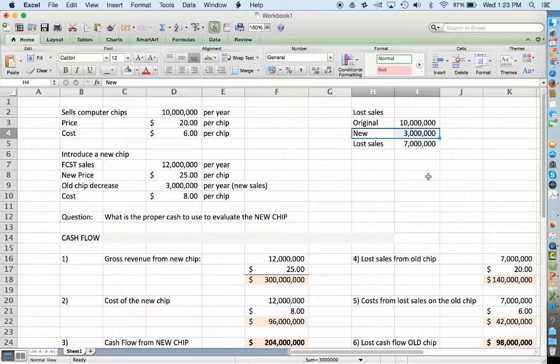I'm still going to sell both of them, but I'm probably going to sell less of the first one. So what we have to do is figure out what we're losing from the first bicycle and then add it to what we're gaining from the second new bicycle. And this is how we would do that. That's sort of the easiest way to lay it out.